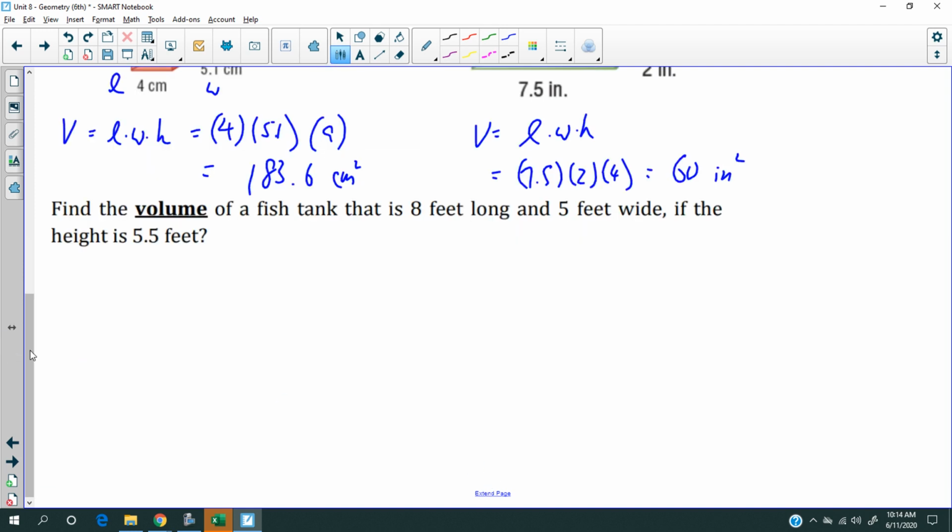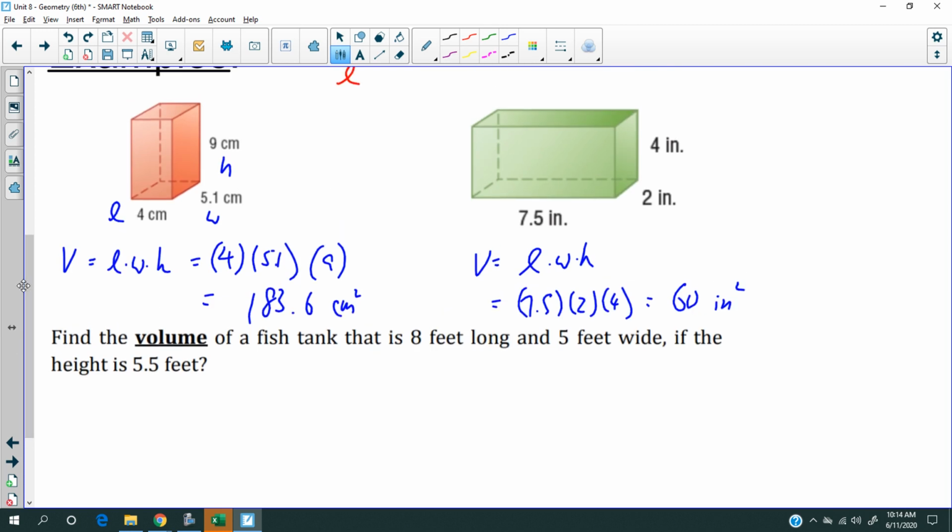Word problem. What does it say? To find the volume of a fish tank. Again, if you want to draw it, be my guest. So we got a fish tank that is 8 feet long, 5 feet wide, and the height is 5.5.